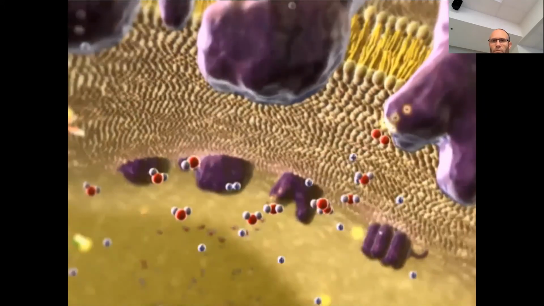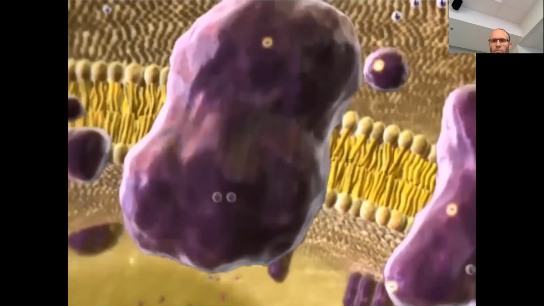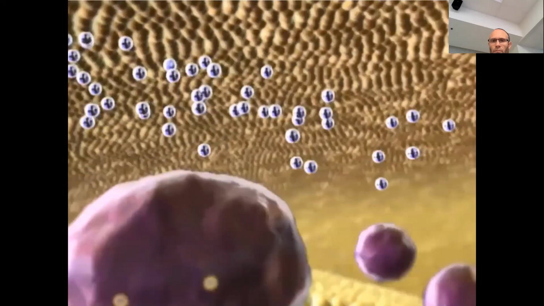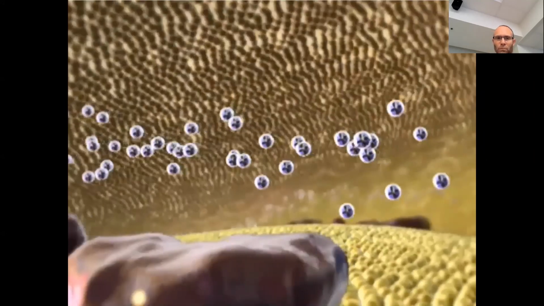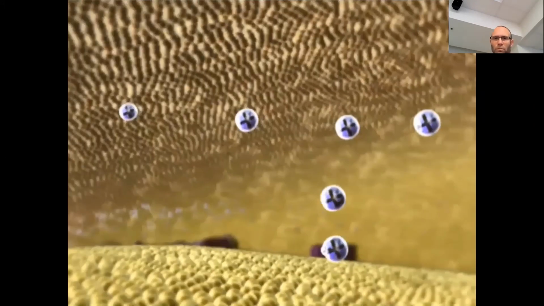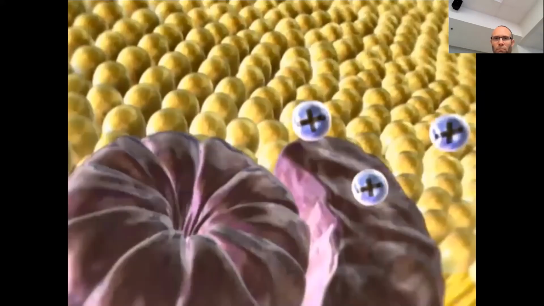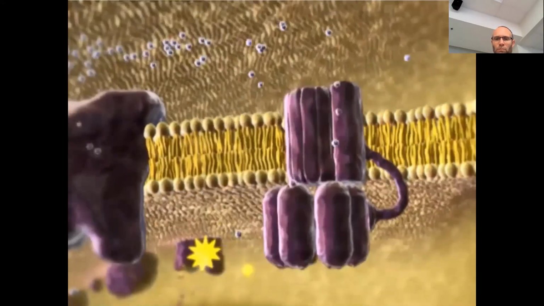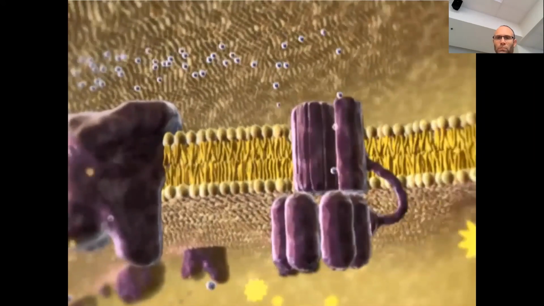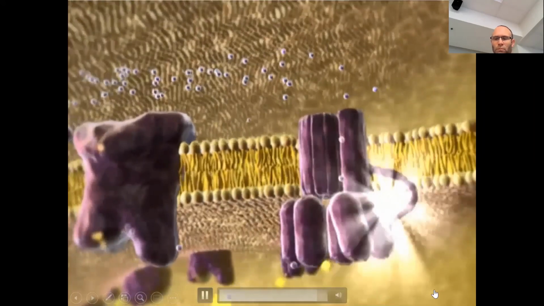The energy released by electrons is used to pump hydrogen ions, the blue balls, across the inner membrane of the mitochondrion, creating an area of high hydrogen ion concentration. Hydrogen ions flow back across the membrane through a turbine. Much like water through a dam, the flow of hydrogen ions spins the turbine, which activates the production of ATP.